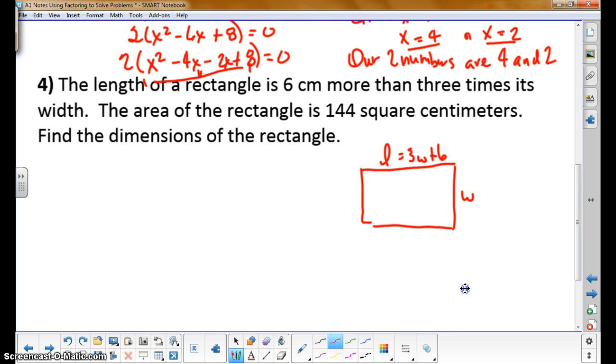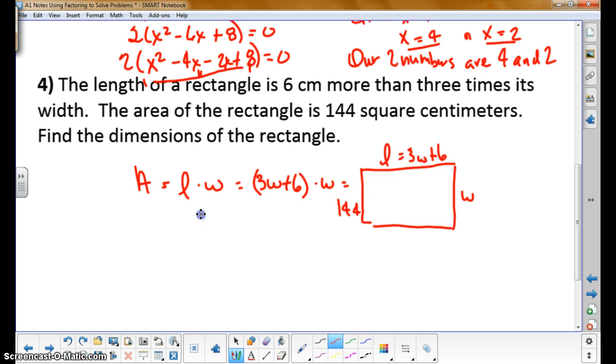And the area is 144. So area is length times width, which is 3w plus 6, and the width is w. And we also know that the area is equal to 144.